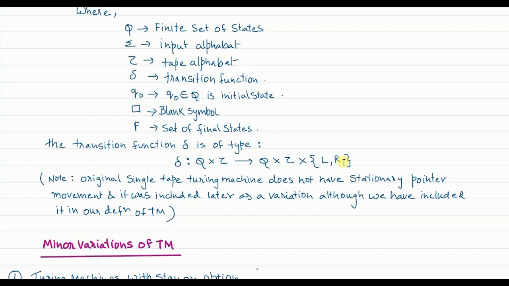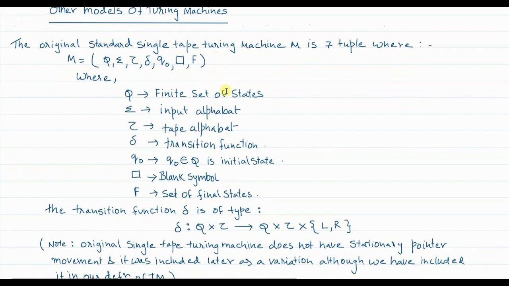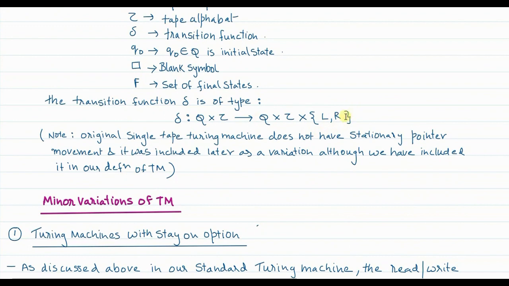The original single tape Turing machine does not have a stationary movement; the pointer can only move to the left or only to the right. For our convenience, we also introduce stationary movement. Now we will see what kind of Turing machine involves stationary movement.